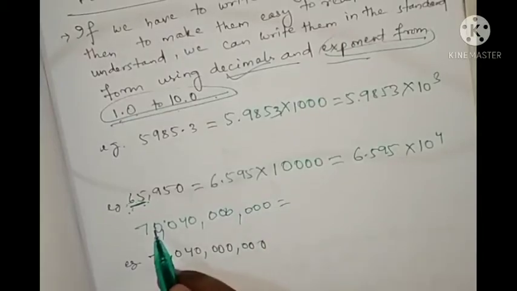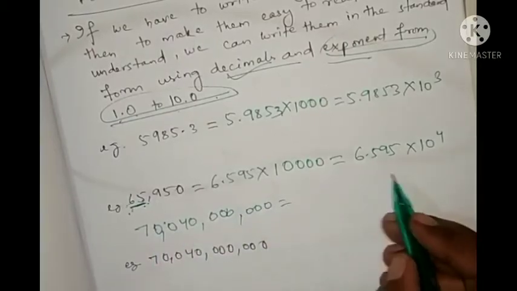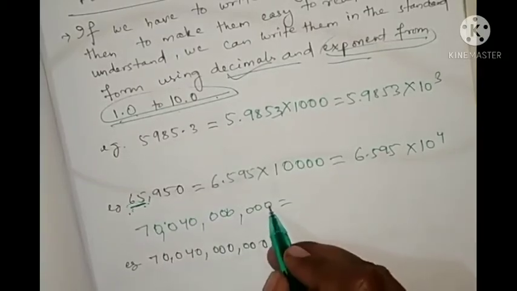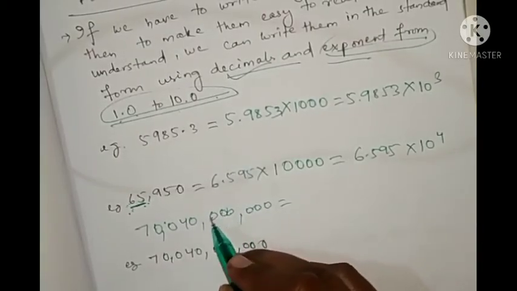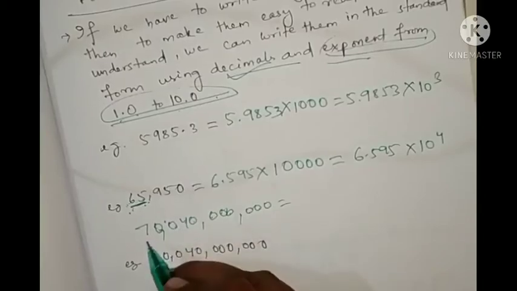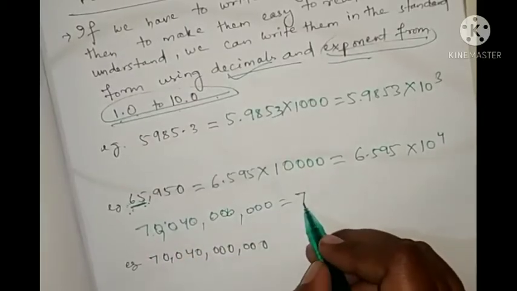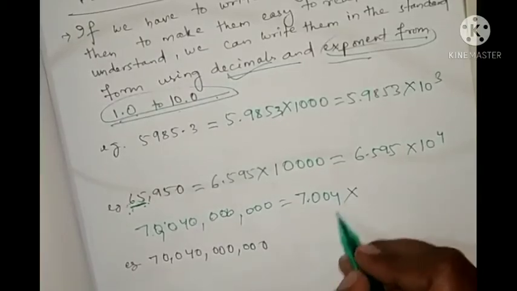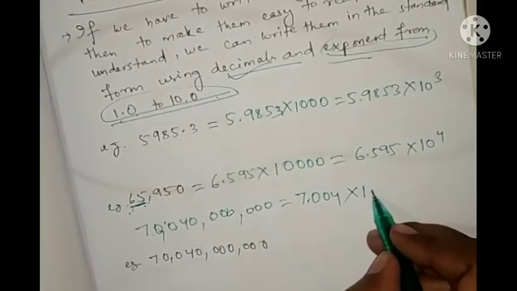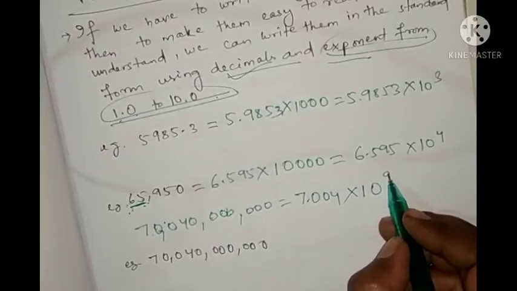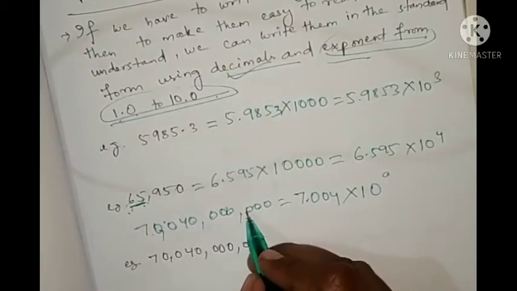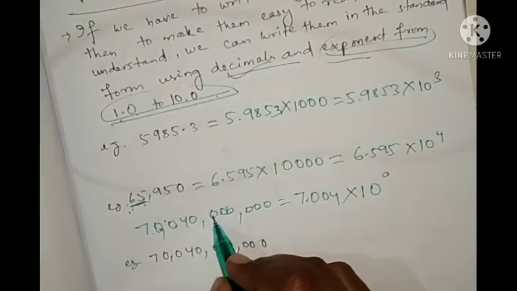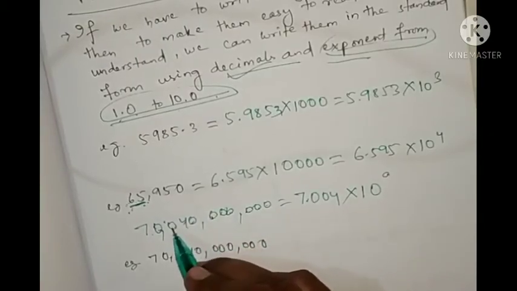The number of places before which you put the decimal, that many zeros you will put after 1. Okay, like 1 2 3 4 5 6 7 8 9 10. So here we will put the decimal. So 7.004 into 10 to the power 10.